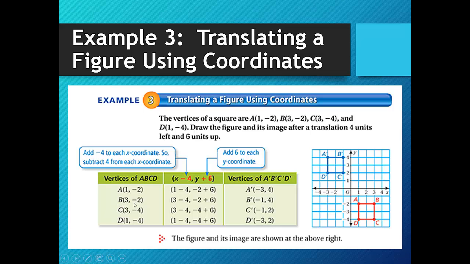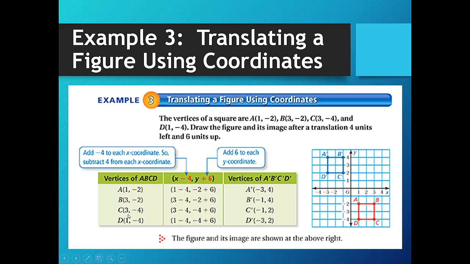Now for B, we're at (3, -2). We're going to take x, which is 3, and subtract 4 to get negative 1 for B prime. And then we're going to start with negative 2 and add 6 to get 4 for the y coordinate. So B prime is at (-1, 4), which is right here.